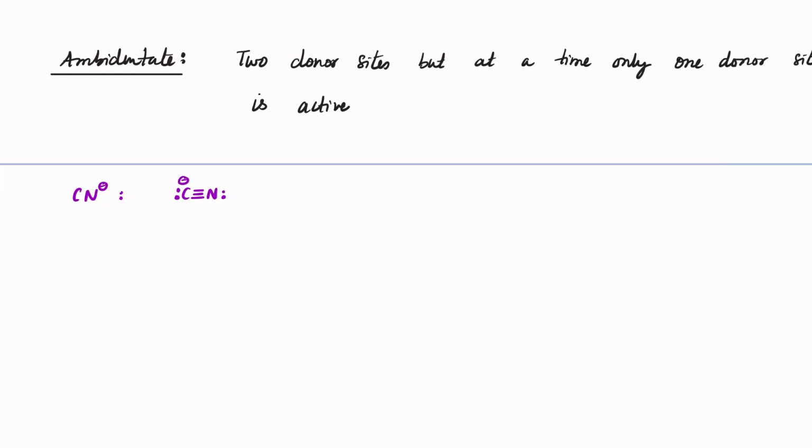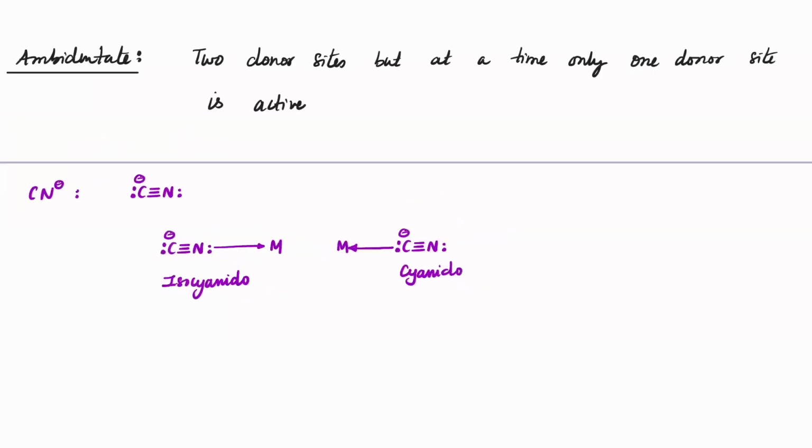If it is connecting from the nitrogen end, we read this as isocyanido complex. If the same thing is happening from the other end, when it is making one metal connection this way, then we call it cyanido. So you can see both of them are not happening simultaneously, either this or that. So that's when you call it ambidentate ligands.